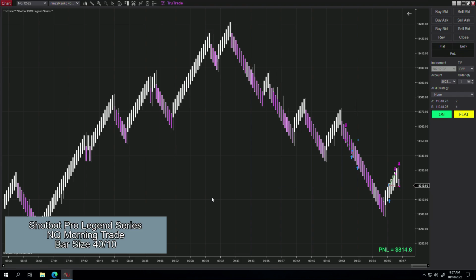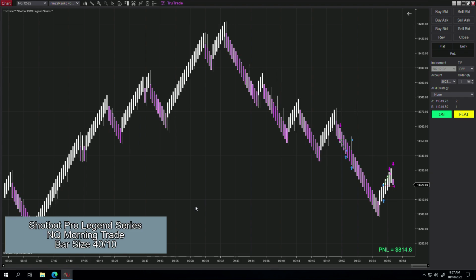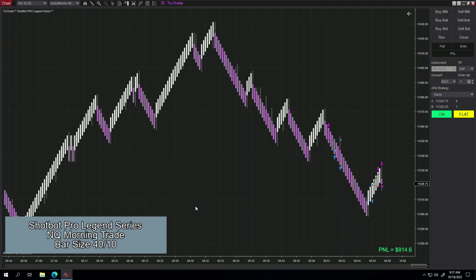Order filled. Alright, it looks like it still has some downward momentum to go, so it's okay. We'll see where we ended up when this bar closes to get the current P&L.